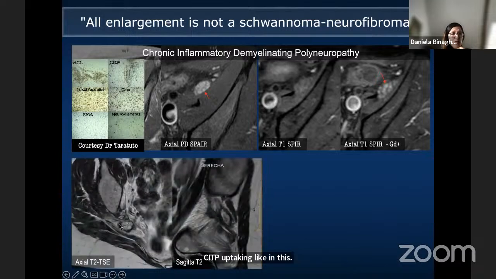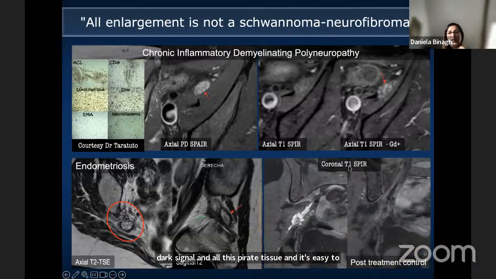In this other case, we have the enlargement of the sciatic nerve. We have some fibrotic tissue. In the sagittal view, we see also the enlargements with this dark signal and all this fibrotic tissue, and it is easy to diagnose an endometriosis when we see a T1 with fat suppression, in which we will see this hyperintensity within the nerve, that comparing to the post-treatment, we can see the changing.